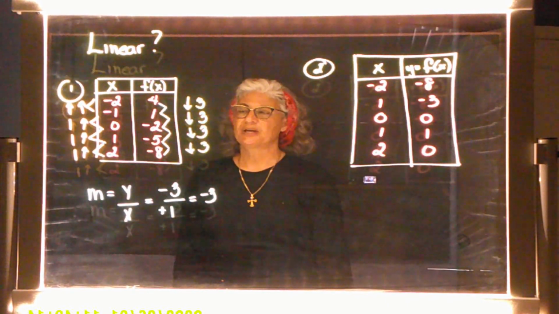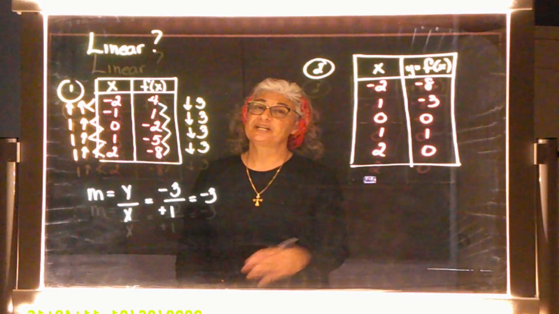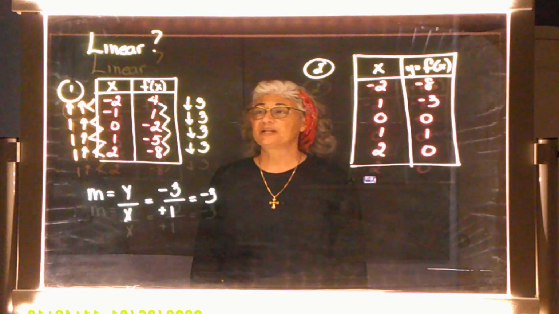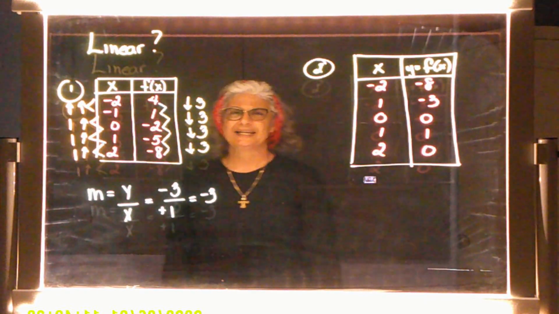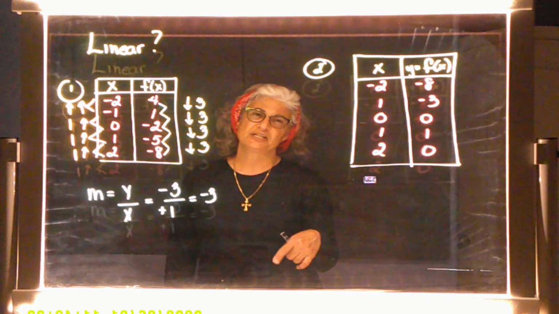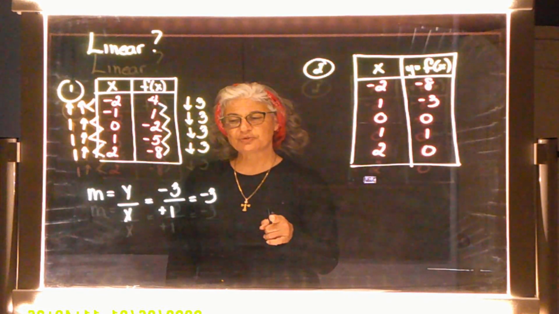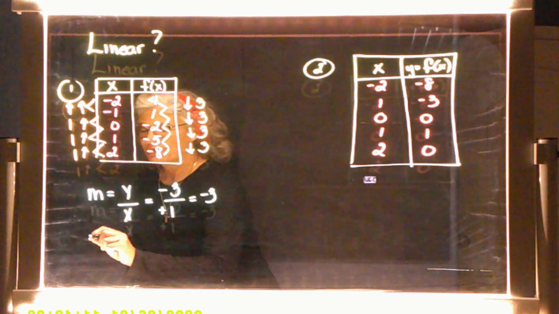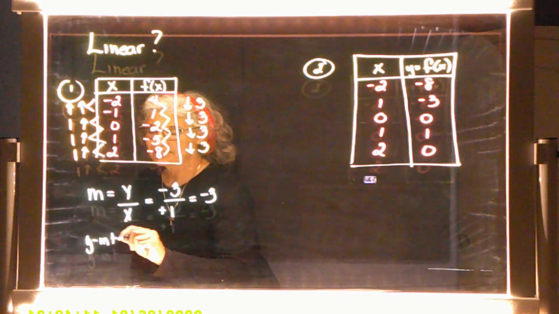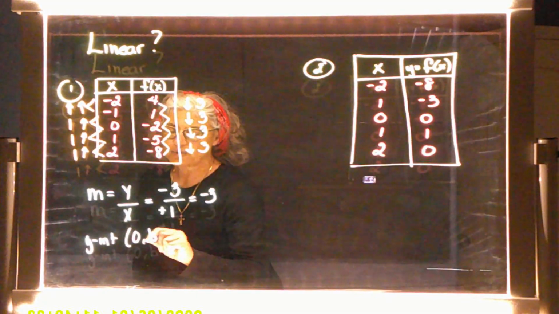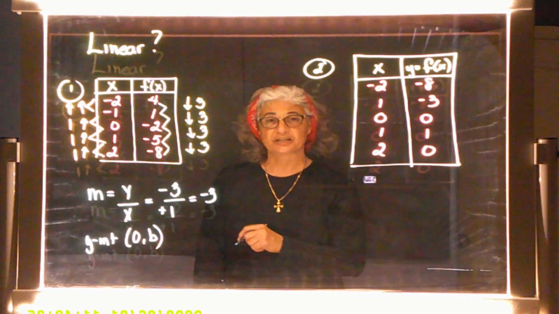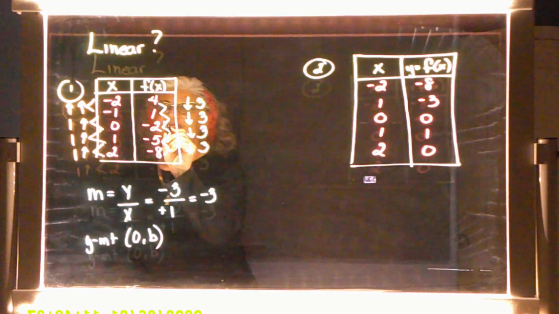Good? Okay, so once you have the slope, you can actually find the entire linear equation if you need to. And remember, you need slope and you need, that's right, you need the y-intercept. And remember how I mentioned the y-intercept? Yeah, the y-intercept should be written as 0 for x, comma, whatever that b is, right? Well, do you notice here?